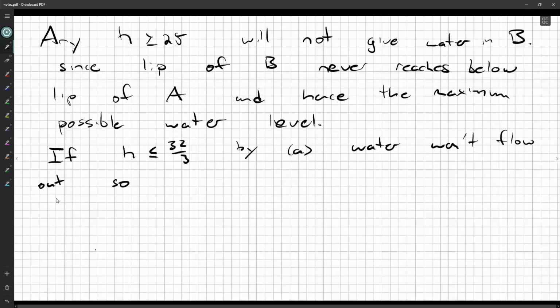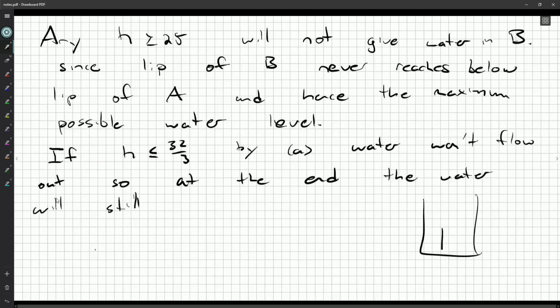So, at the end, the water will still have, and we can even draw a picture of this. B is not big enough to do anything.